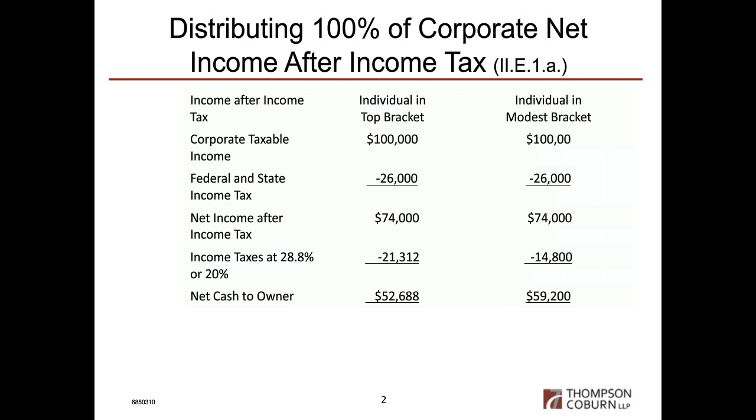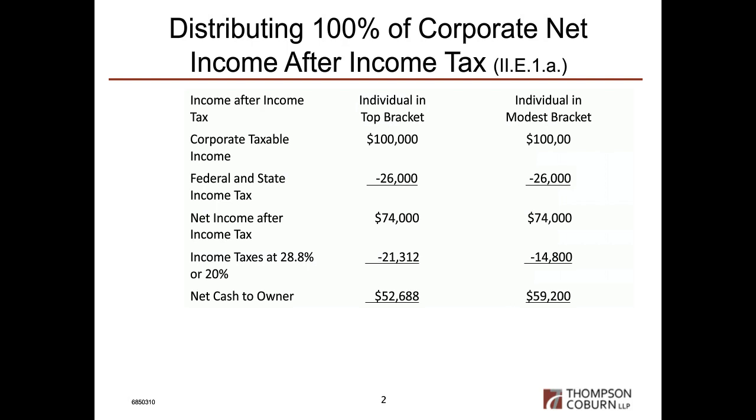So we have an effective rate inside the C corporation of 26%, which consists of 21% federal income tax and 5% state income taxes. So if we take that 26% and multiply it by the $100,000 of taxable income before income tax, we get a $26,000 corporate income tax.